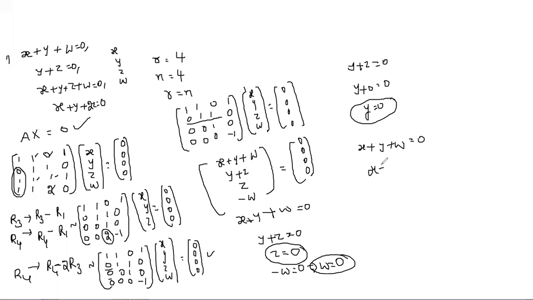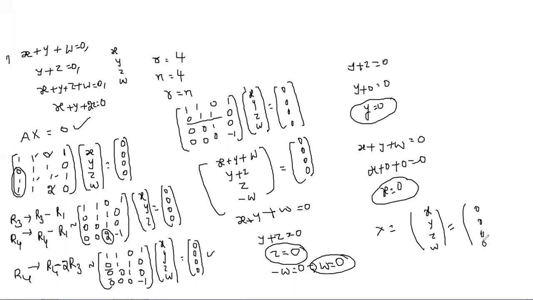We know y is 0 and w is also 0. So simply we got x is equal to 0. Therefore the solution is capital X, which we chose as x, y, z, w, that is simply 0, 0, 0, and 0.